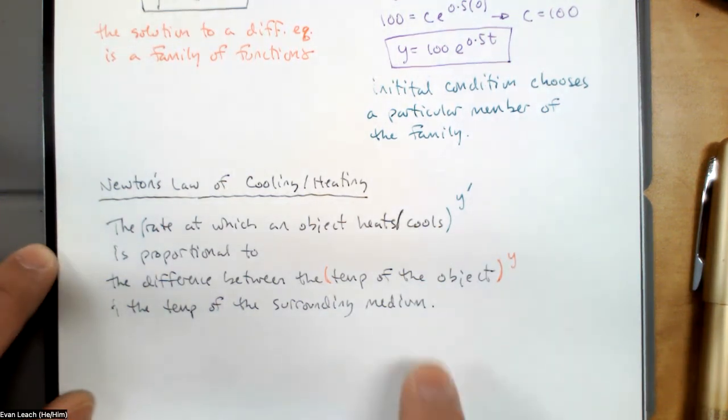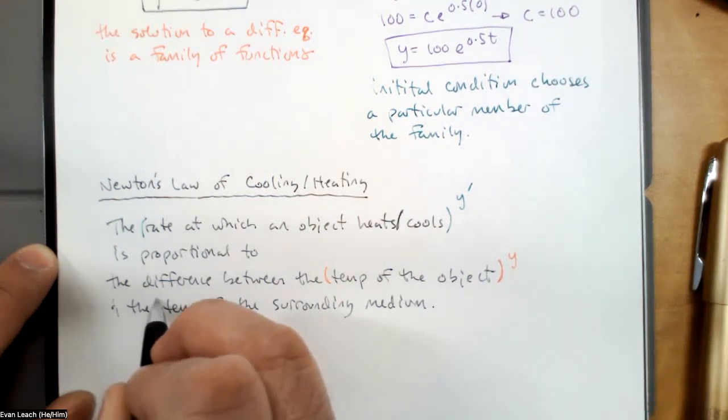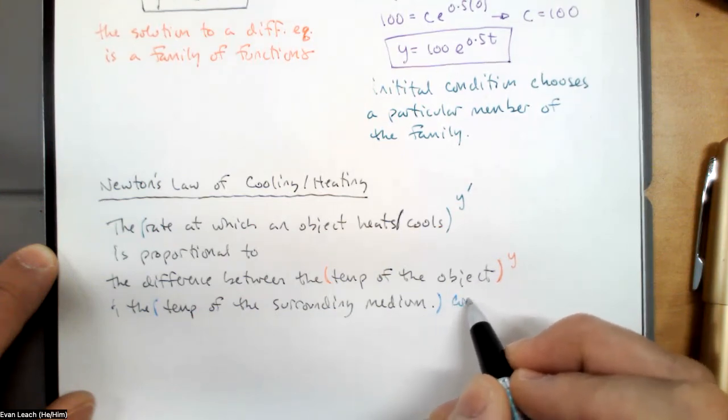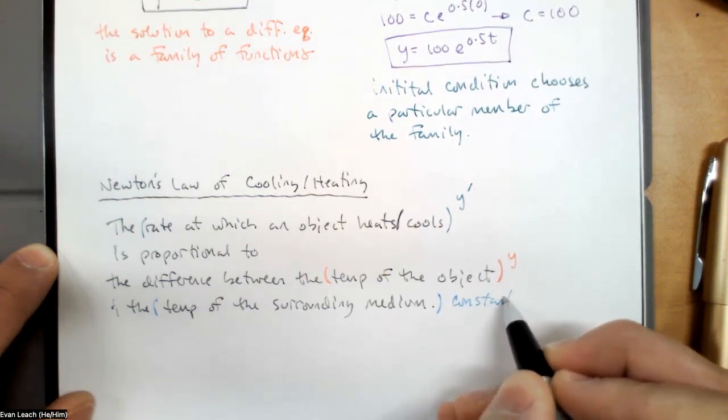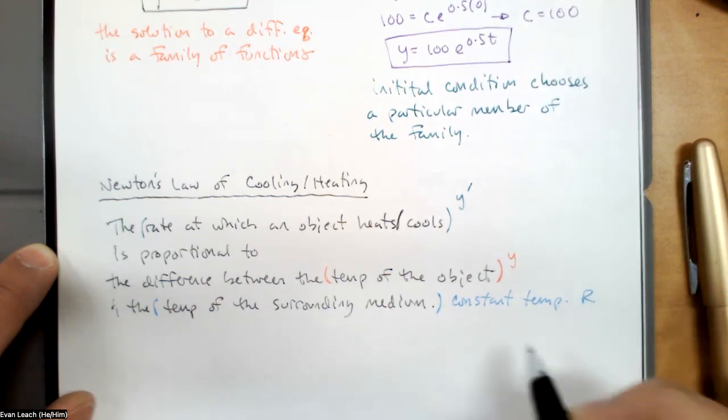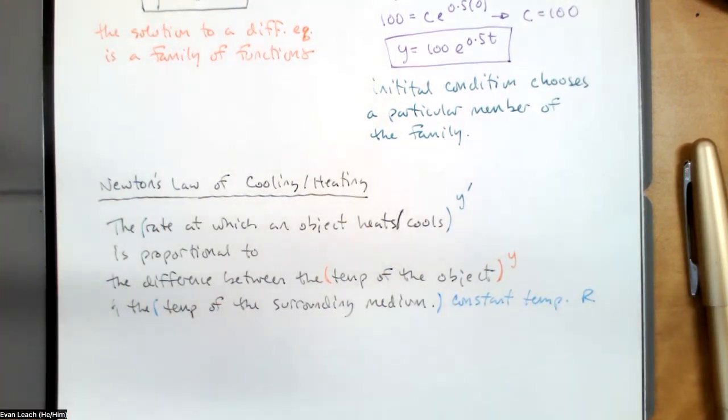So the surrounding medium is going to be a constant temperature. I usually use R because I'm eventually going to call this the room temperature. But it works even if we're not dealing with a room.